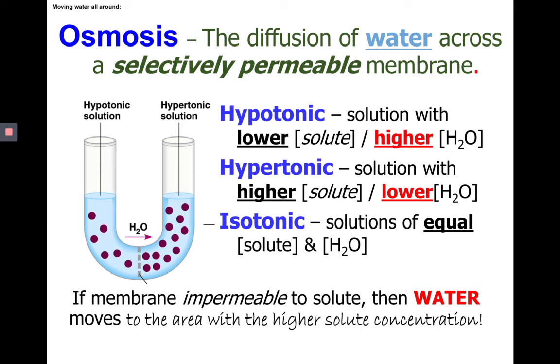So when water moves, it moves from an area of high concentration of water to an area of low concentration of water. Well, what if you're having a hard time figuring out which side has more water? Because first and foremost, this looks pretty equal to you. Well, then just remember that water also moves from an area with less solute to an area with more solute. So that would also answer the question, which way is water going to move? And it's going to move to the right.